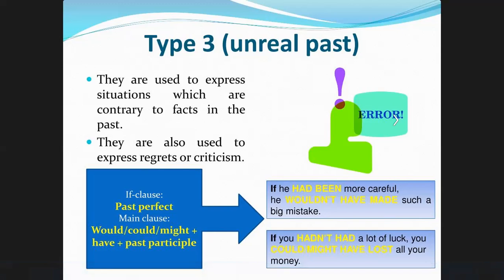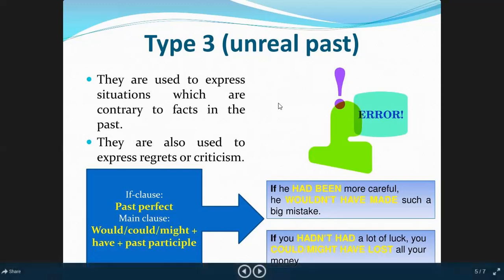If your native language doesn't have a similar construction, you might find this a little strange, but it can be useful. It is often used to express criticism or regret. We normally use these to express our regrets and criticism about the facts of the past which actually didn't happen.